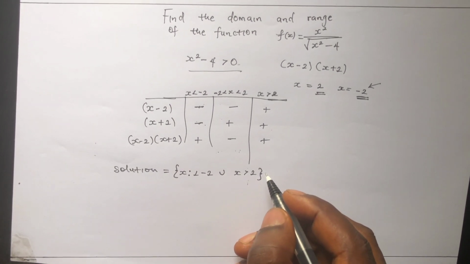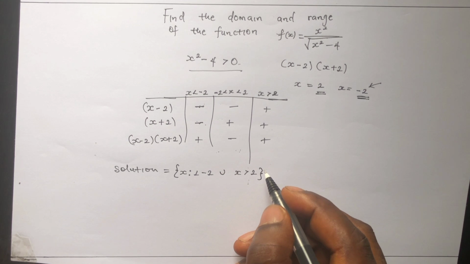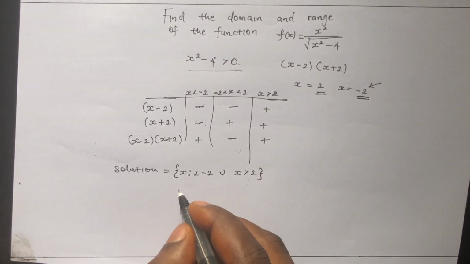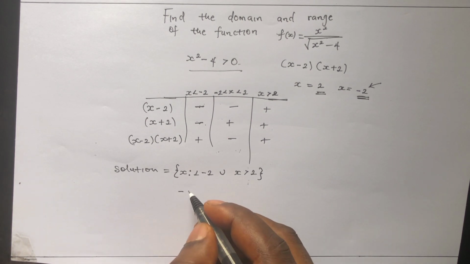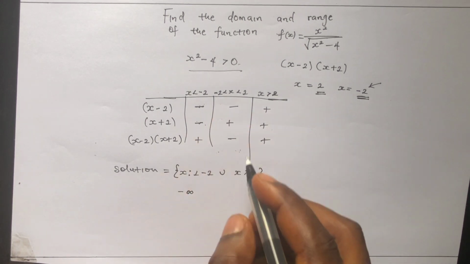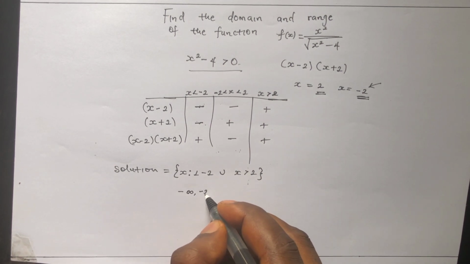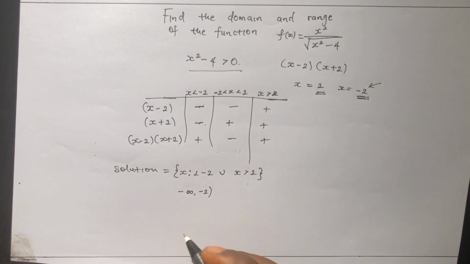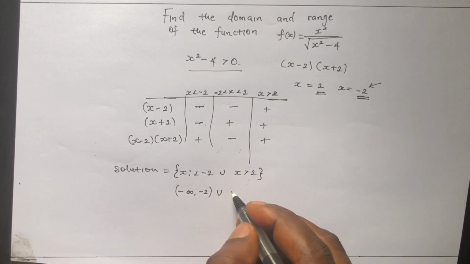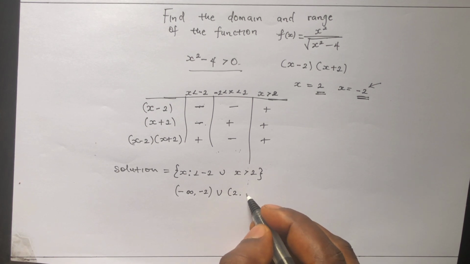Now, for us to write the domain of this function, we have that the domain is from negative infinity up to negative 2, but not including negative 2, and from 2, not including 2, up to positive infinity.